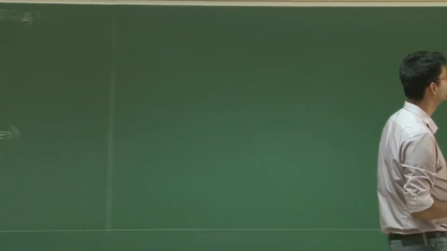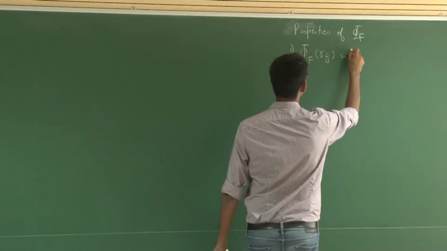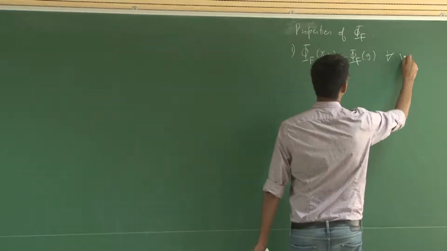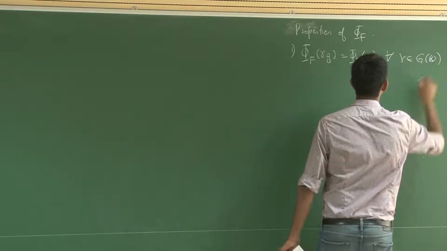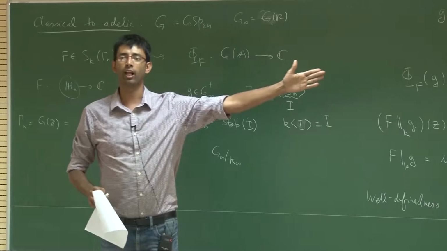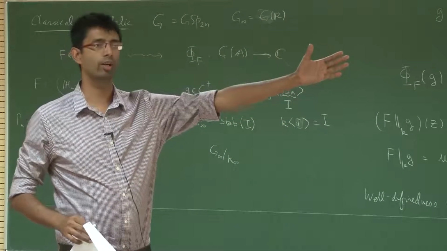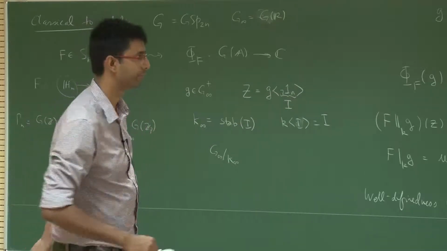So, number one is phi f of gamma G equals phi f of G for all gamma in GQ. And this is one of the most important defining properties of an automorphic form on the adelic group. It is a C-valued function on the adelic group which is left invariant under the rationals. So, just by simply writing down the definition, we automatically got this automorphic condition right here.